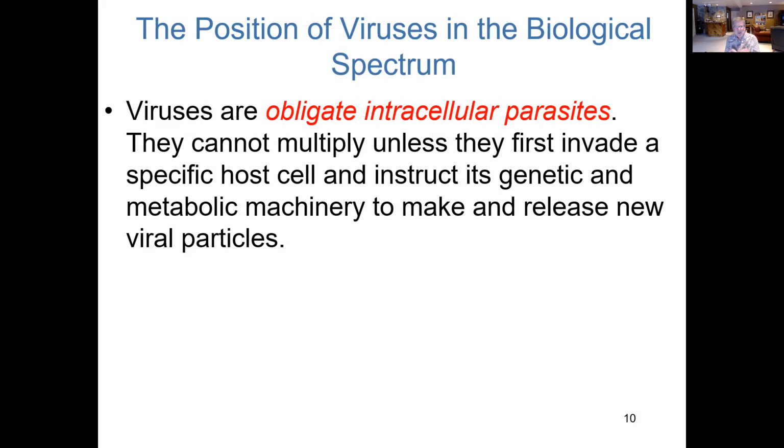Now, it's within the host cell itself, intracellular, where this transformation of the host cell occurs, where it now receives new instructions to create more viral particles. We'll talk about how that happens coming up in this chapter.